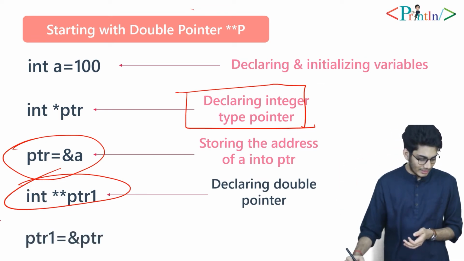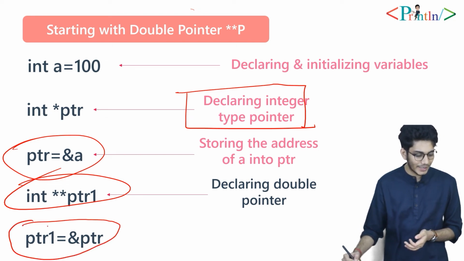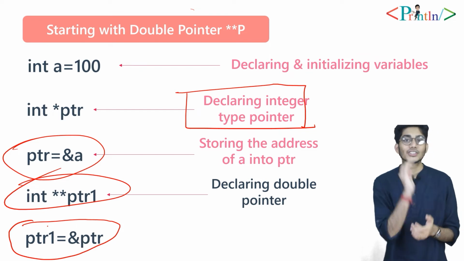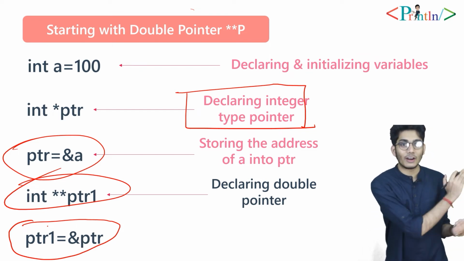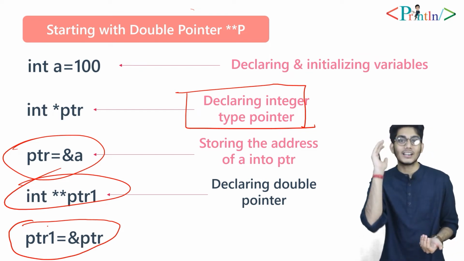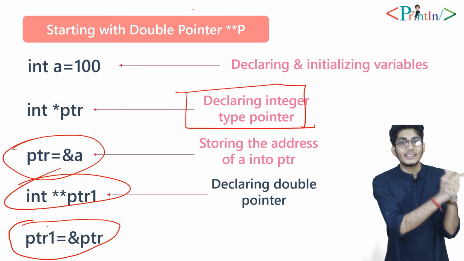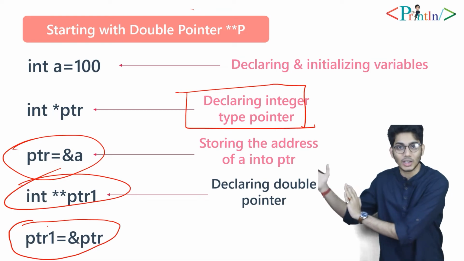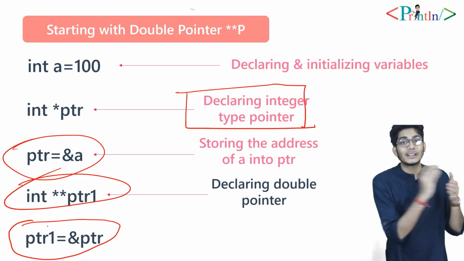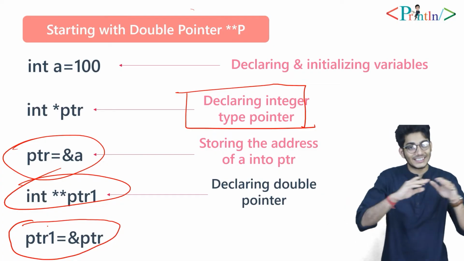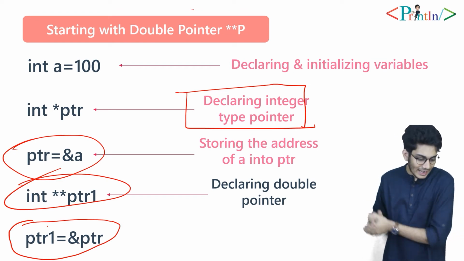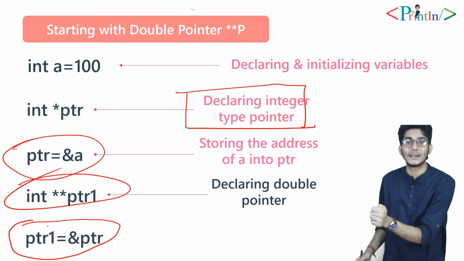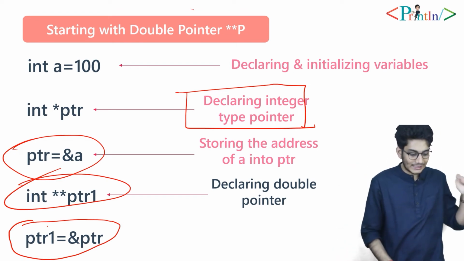So you can see that here we are storing the address of a pointer into a double pointer. For storing the address of a pointer, we need a double pointer, and it will go on. So for storing the address of a double pointer, we need a triple pointer. This thing will go on like this. Now we are storing the address of ptr into another pointer, that is a double pointer.